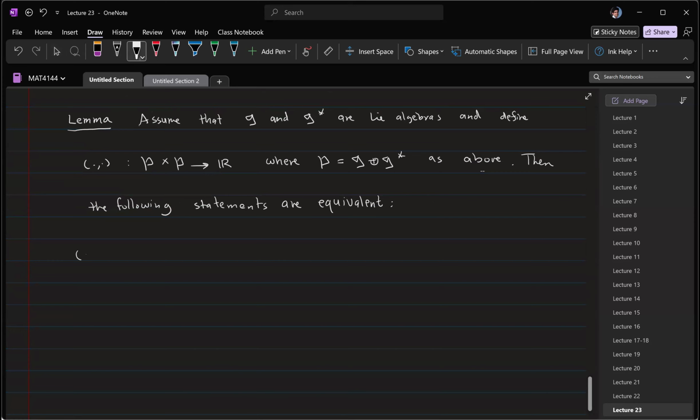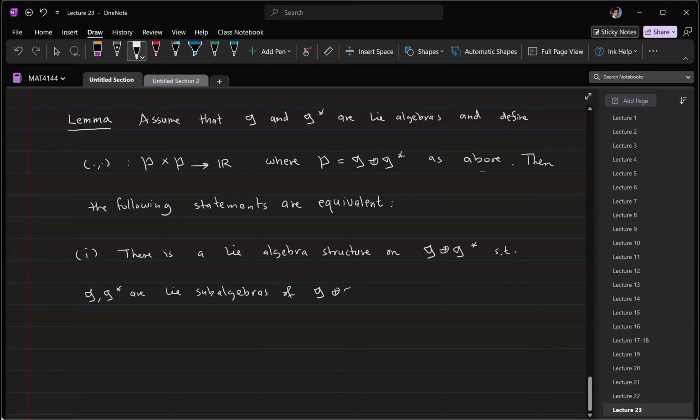So the first statement is that there's a Lie algebra structure on G plus G star such that G and G star are Lie subalgebras of G plus G star, and this bilinear form is P invariant. Here P is G plus G star, of course.